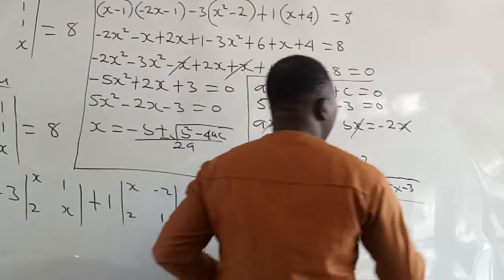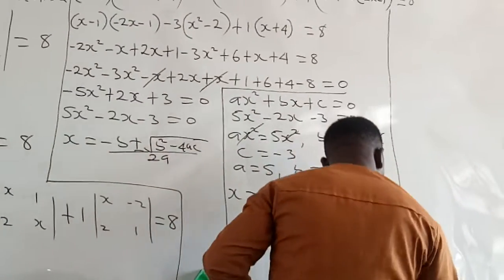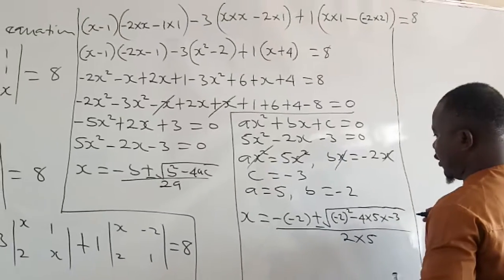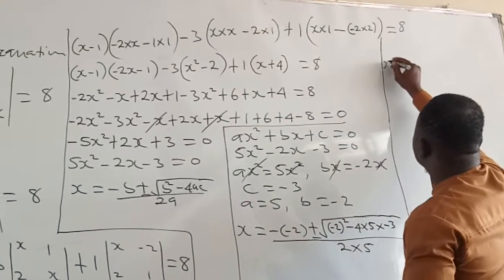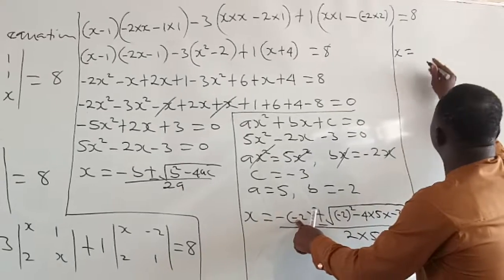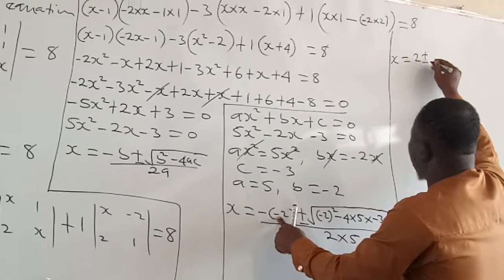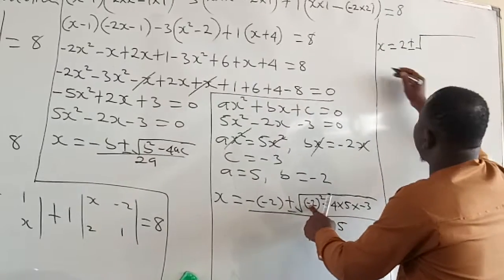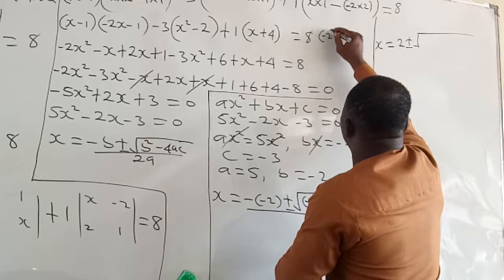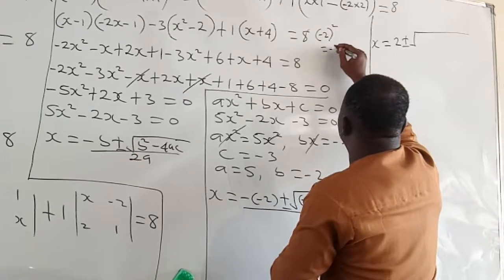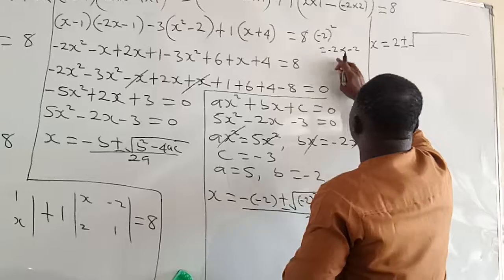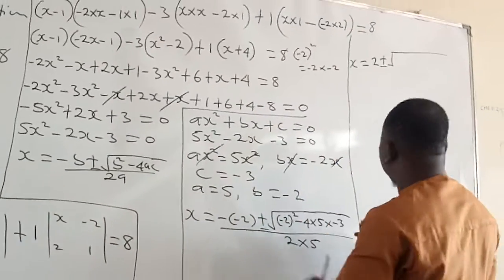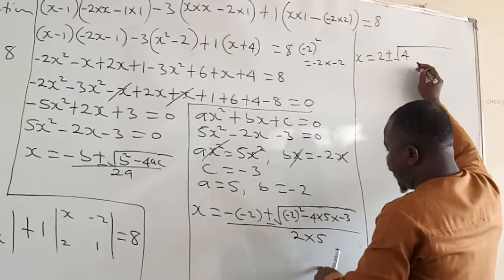Amen? Okay? So if you agree with me, we are going to look at it this way. Our x is equal to minus times minus, here will be plus 2 plus or minus the square root of. Then, if we have something of this form, minus 2 all squared, this is the same as minus 2 times minus 2. So minus 2 times minus 2 will definitely give us plus 4. Is that clear? So here will be 4.